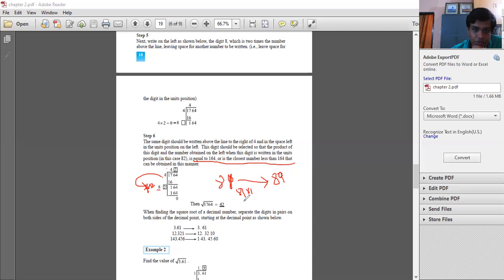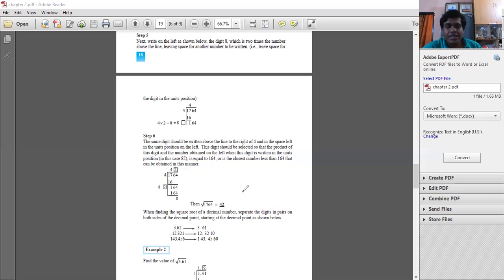It's not 164. 82 into 2 will give you 164. So we put that at 0. What we should remember here is that not always will 164 be completed exactly. Whatever is closest to it and lower than that, we should put there, and say that the square root of 1764 is 42.